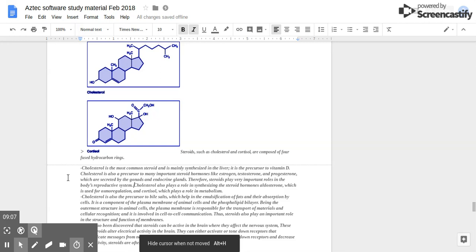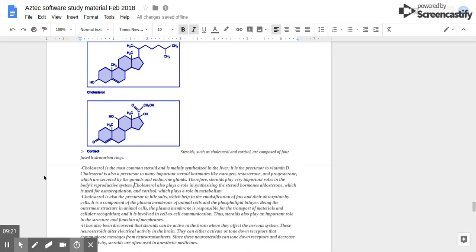Again, cholesterol helps in the emulsification of fats, absorption by the cells of fats, and it is a component of the plasma membrane of animal cells and the phospholipid bilayer.